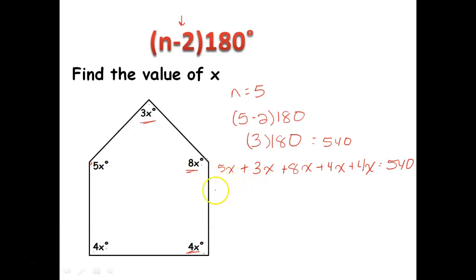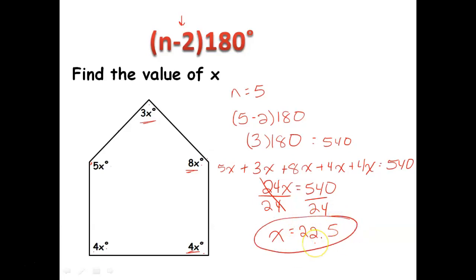So now I just solve for x. Combine like terms. 5x plus 3x plus 8x plus 4x plus 4x is 24x. To solve for x, I divide both sides by 24. x equals 22.5. And that's it.